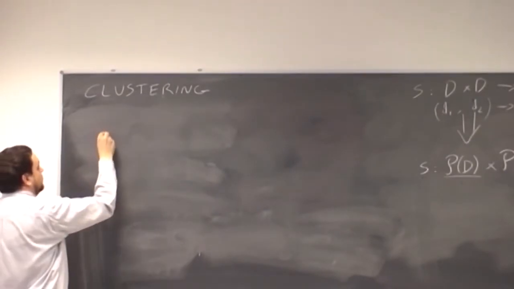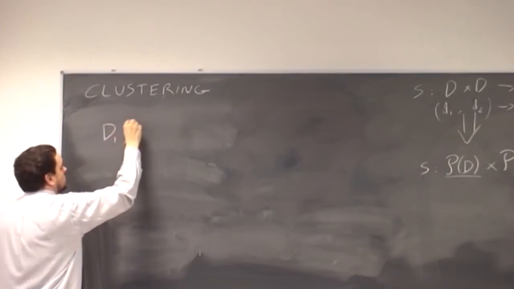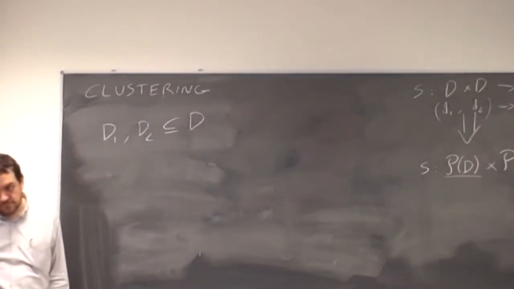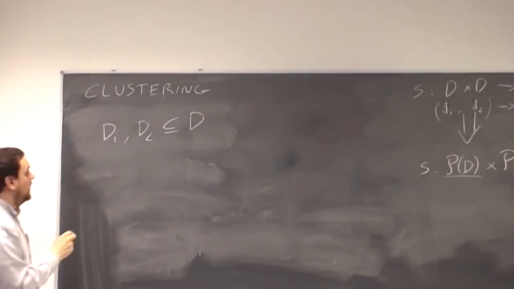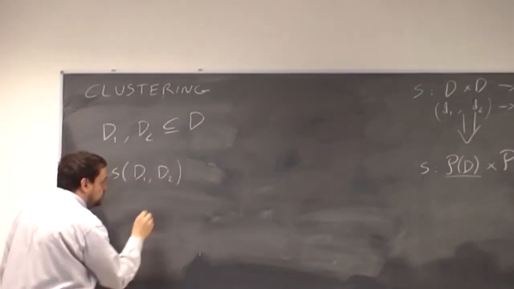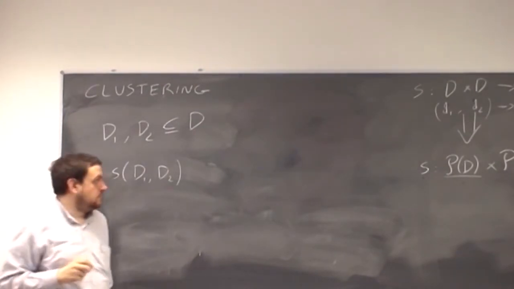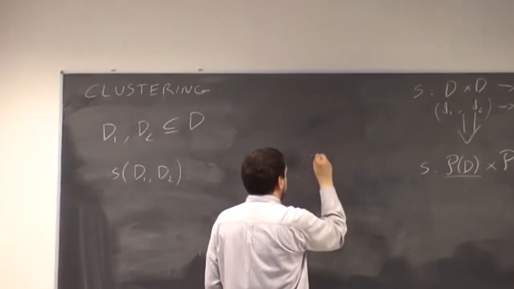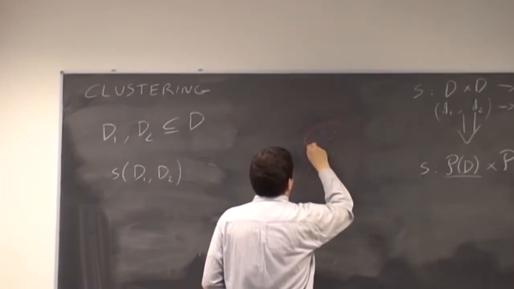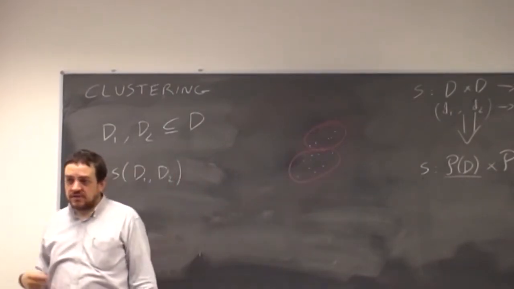So the question is, given D1 and D2 subsets of D, how do I define the similarity between D1 and D2? In this case, I have two sets of elements, and I want to define the similarity between these two sets.